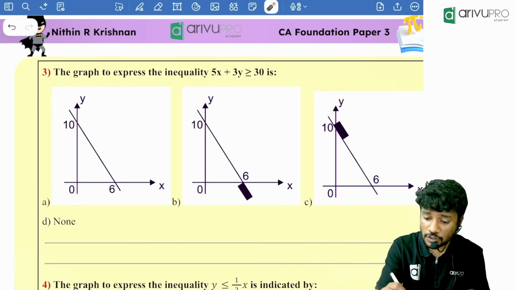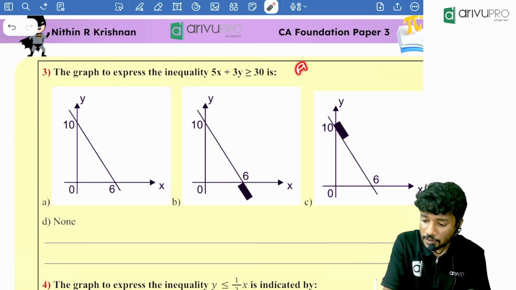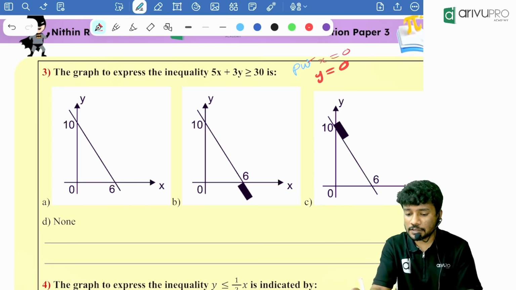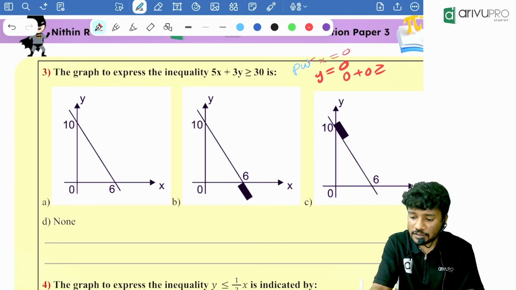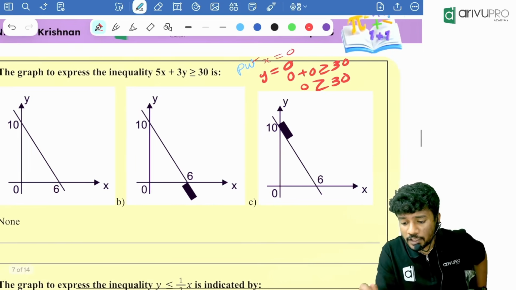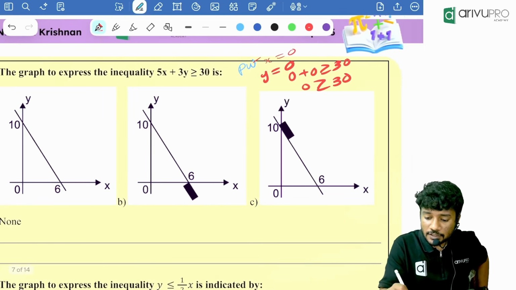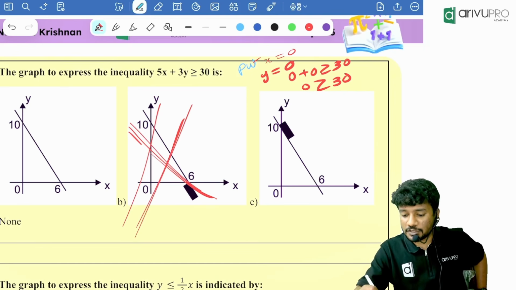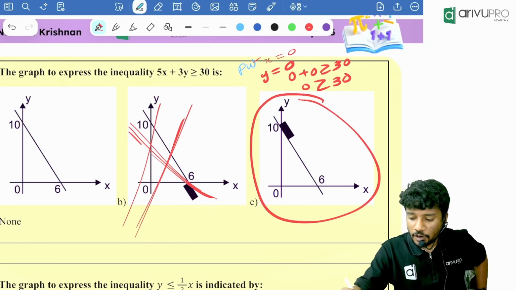For that you will assume x is equal to 0, y is equal to 0. That means 0 plus 0 is greater than or equal to 30, or 0 greater than or equal to 30. Is 0 greater than or equal to 30? No, our assumption is wrong. That means it is not coming towards the origin. Option B is wrong. Which option is the right answer then, people? Option C.